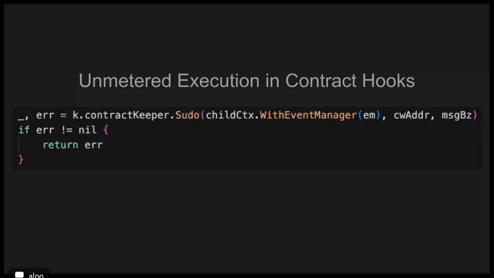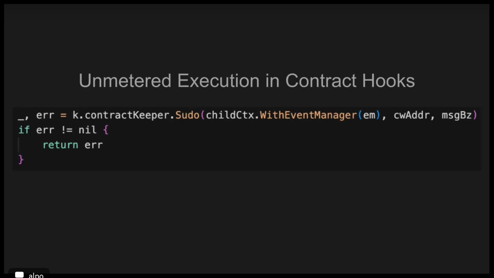If you have a contract call in your begin block code, then that contract call, if they can run arbitrary logic, can super easily halt the chain by just putting an infinite loop in their contract. And for a lot of code bases in Cosmos with this kind of automatic integration of Cosmos contracts into the base layer, like Juno, Neutron, etc., this is a real attack vector, and it's also super easy to miss.